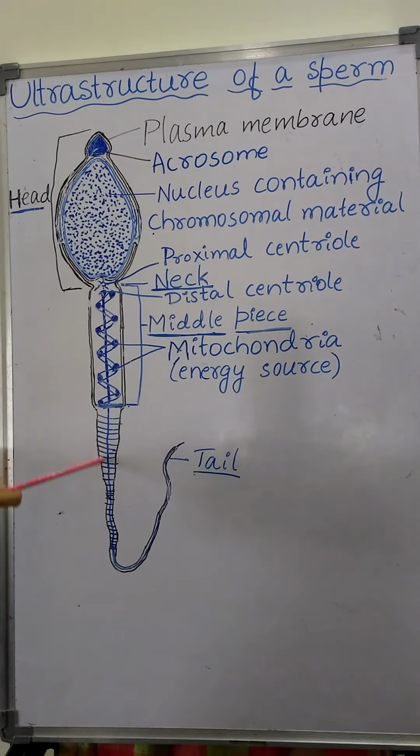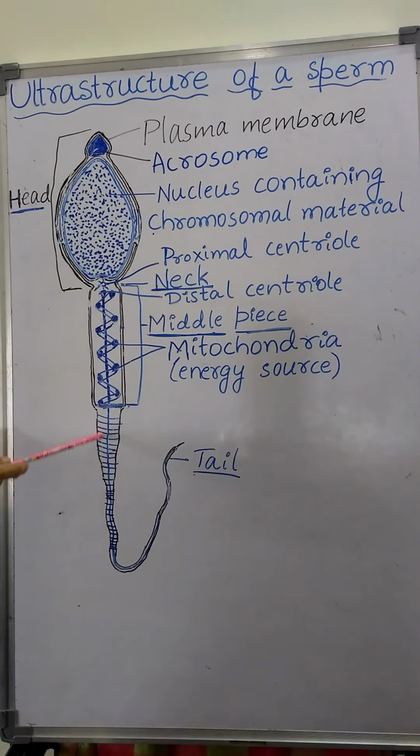The main piece contains the central axial filament and an additional fibrous sheath.